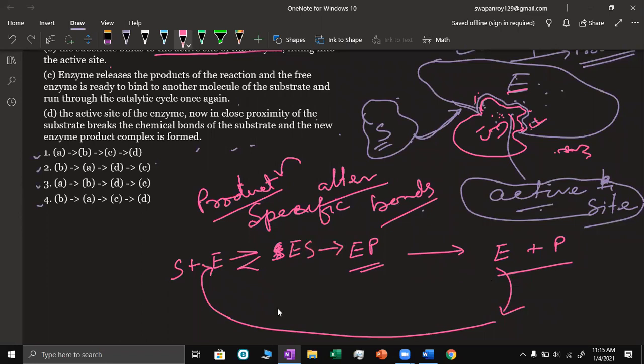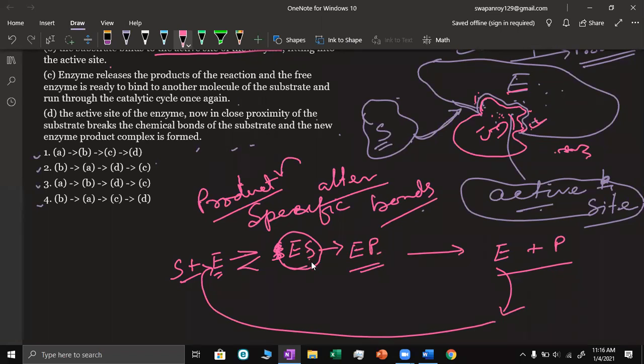So when the substrate and enzyme combine, there is a lot of close association. After that, this forms the enzyme substrate complex. Then in the substrate there is a change, and the substrate is changed into product.